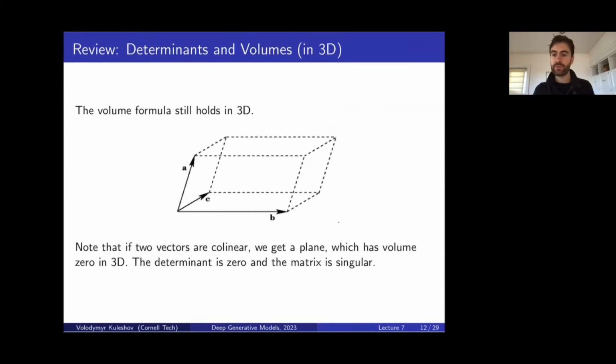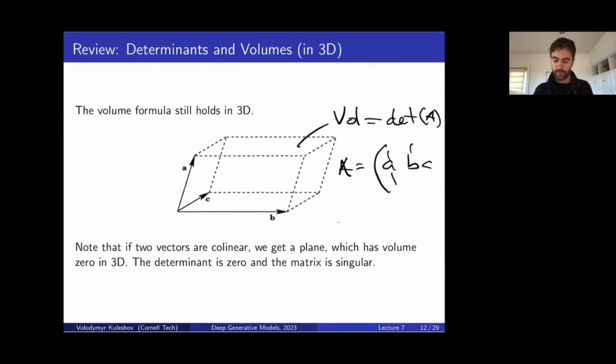It also works in 3 dimensions. So in 3 dimensions, our parallelogram looks like this. And the volume here is going to be the determinant of A, where A is now a matrix with columns A, B, C, right? Those are the 3 columns of the matrix A. I take its determinant, and that gives me the volume of the parallelogram.